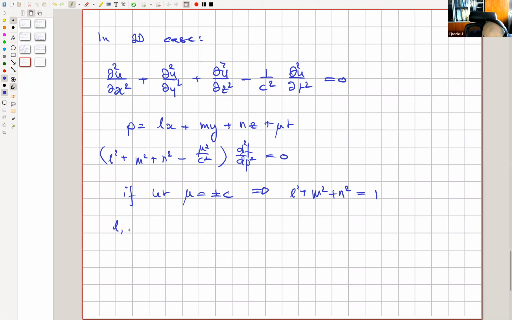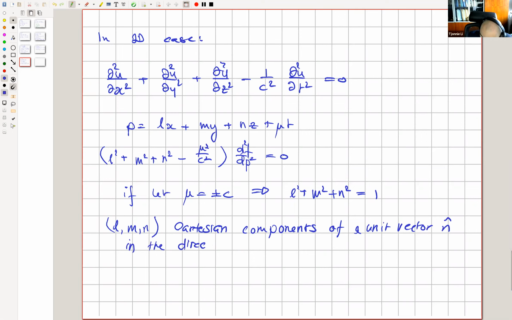We have that l, m, and n are simply Cartesian components. Right? They multiply the x, y, and z. So if I take l, m, and n, they are the Cartesian components of n hat, which is in the direction of the wave propagation.